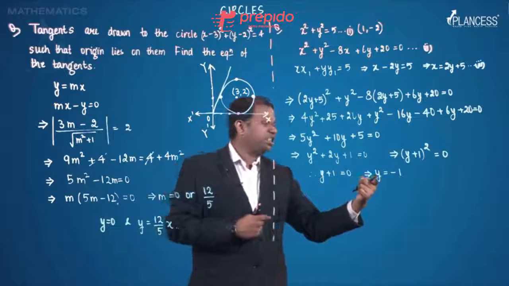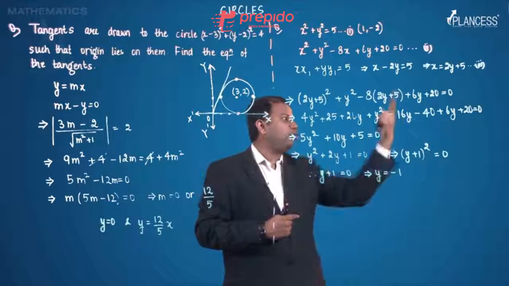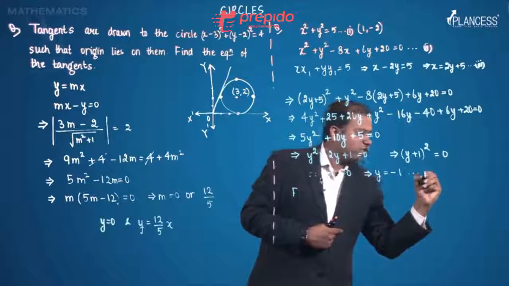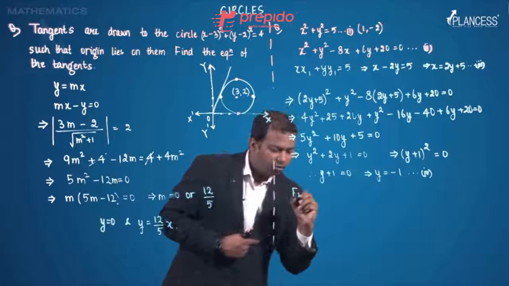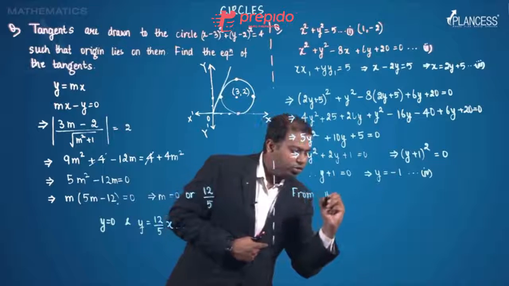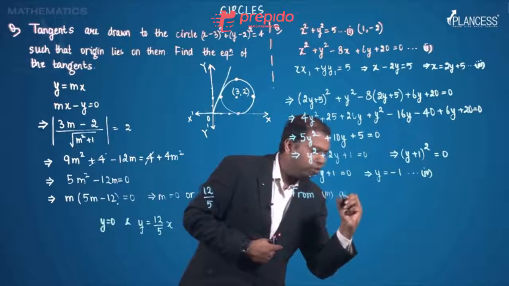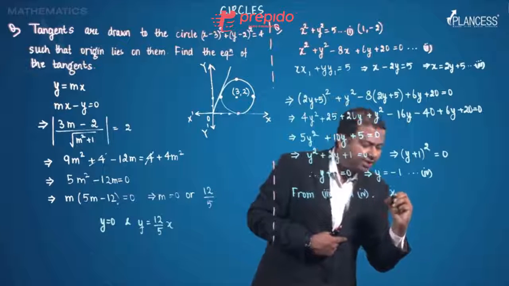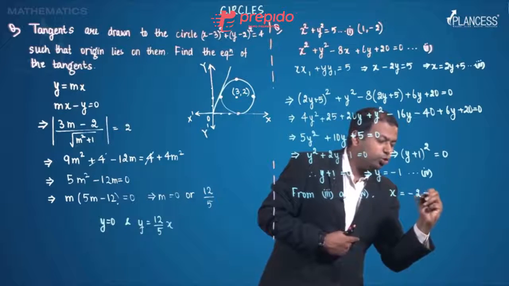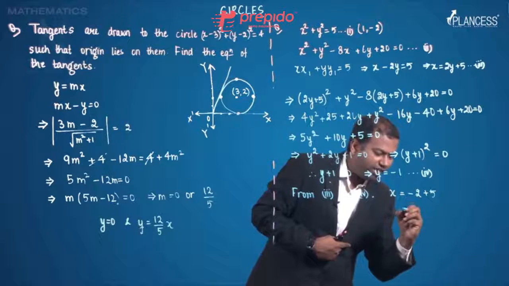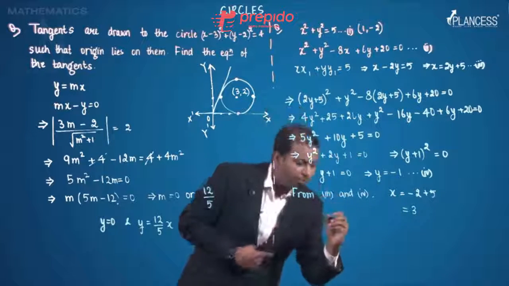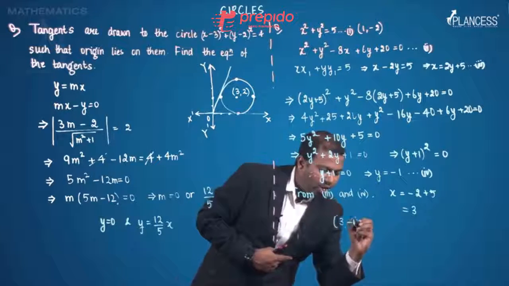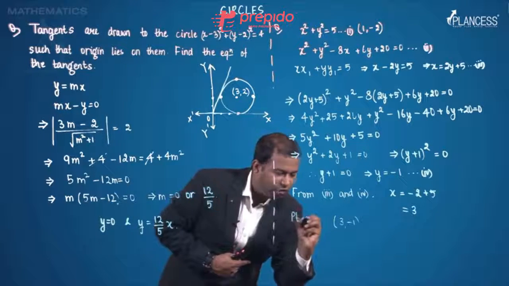So if we just substitute this value of y equal to minus 1 in equation 3, so from, let me number this equation number 4, we can write from 3 and 4, we get x is equal to minus 2 plus 5, and that is equal to 3, and hence the point of contact is 3 comma minus 1. This is our point of contact.